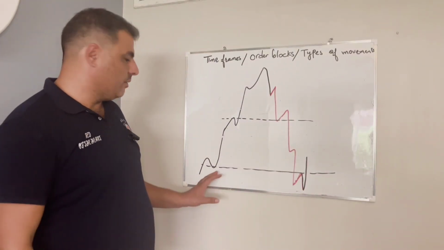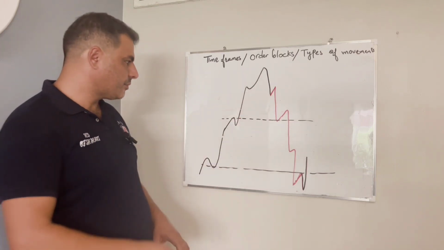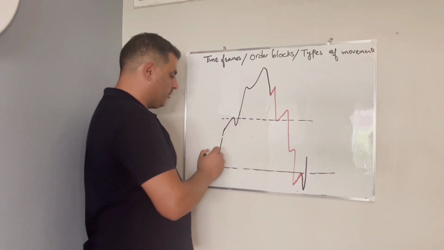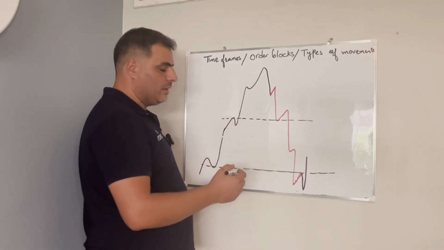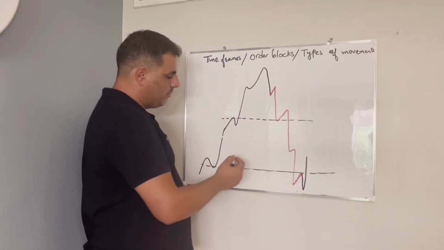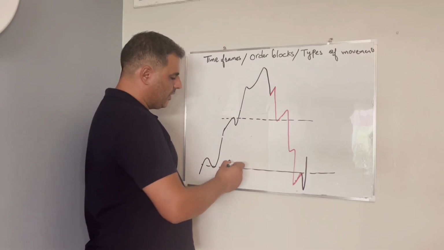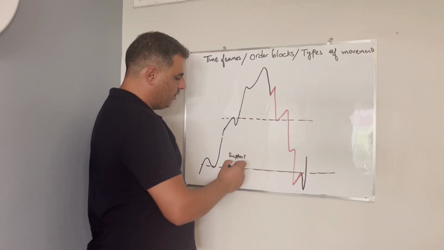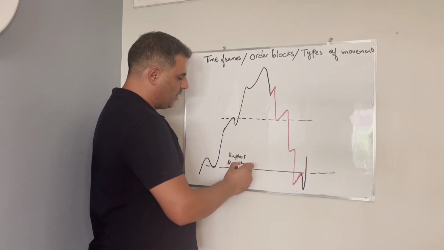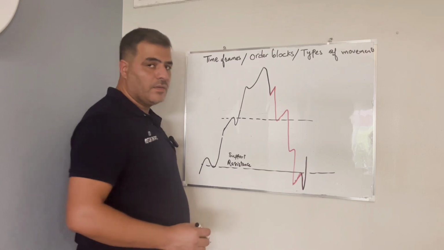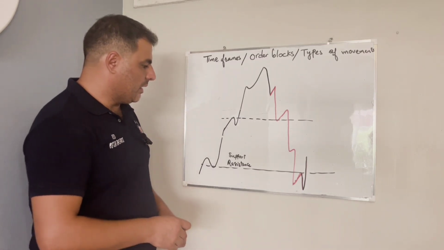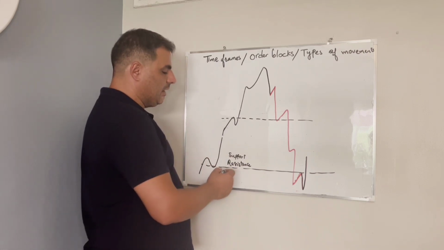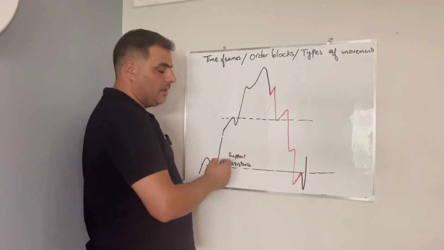In the previous video, we had an example like this, and I explained how the market makers create things like support and resistance in order for you to do the opposite of what they want to do. Actually, let's say if they are buying here, they want to make you think that they are selling. So they want you to sell.